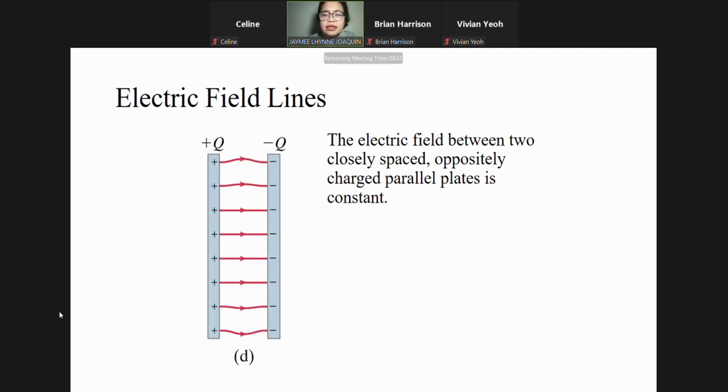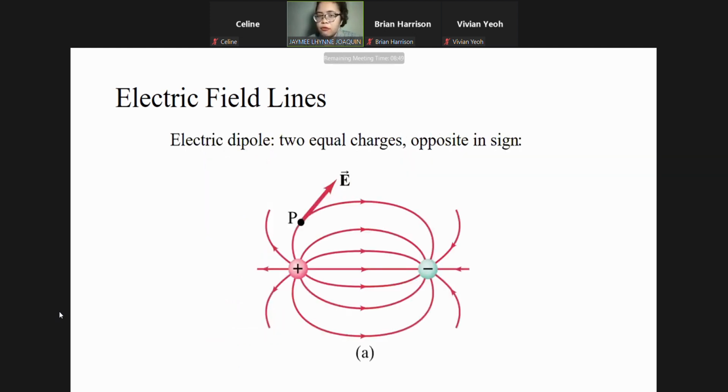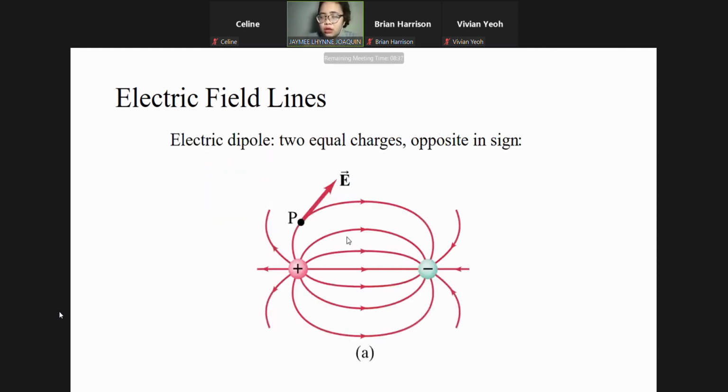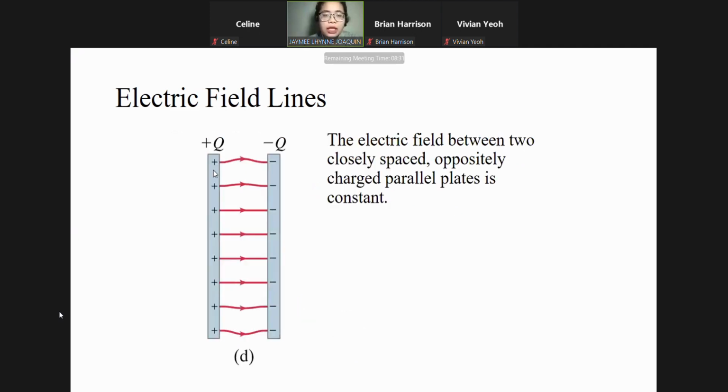But in some cases, if your charges are opposite with one another, here you can see the electric fields between two closely spaced charges, a continuous circular pattern. But in a parallel plate, all the positive signs will be in one lane, and the other one will be in the negative.